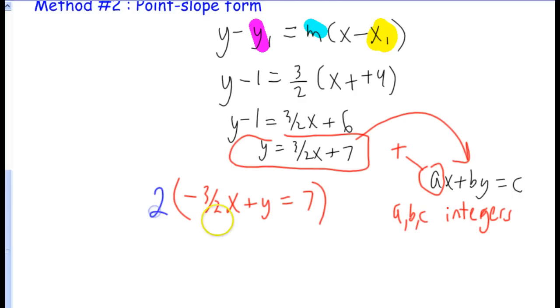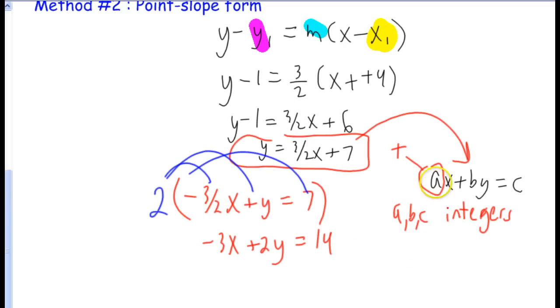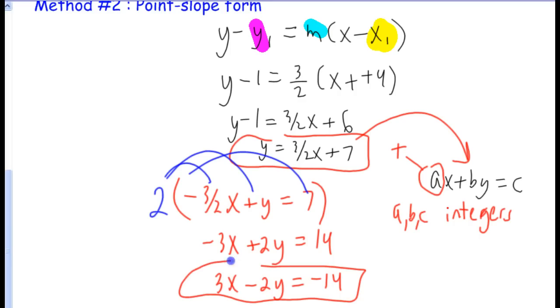So if I multiply everything by 2 on both sides of the equation, let's see what happens. We get -3x plus 2y equals 14. I'm almost there. Again, a needs to be positive, so you might want to multiply by -1 here. You get 3x minus 2y equals -14. And so that would be considered standard form for this equation.